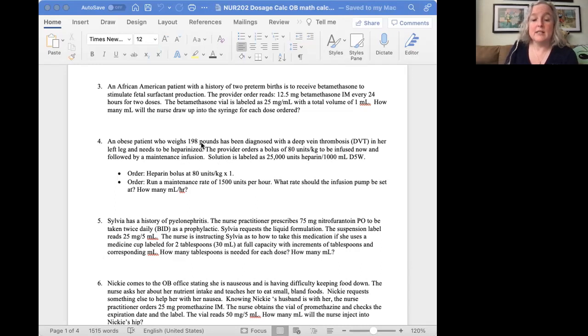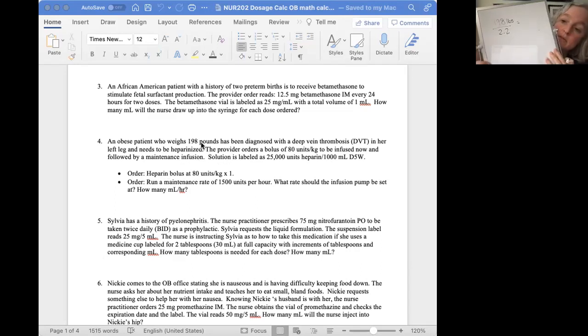And so the patient weighs 198 pounds. So 198 pounds divided by 2.2 is how we're going to find our kilograms. And so this equals 90 kilograms.